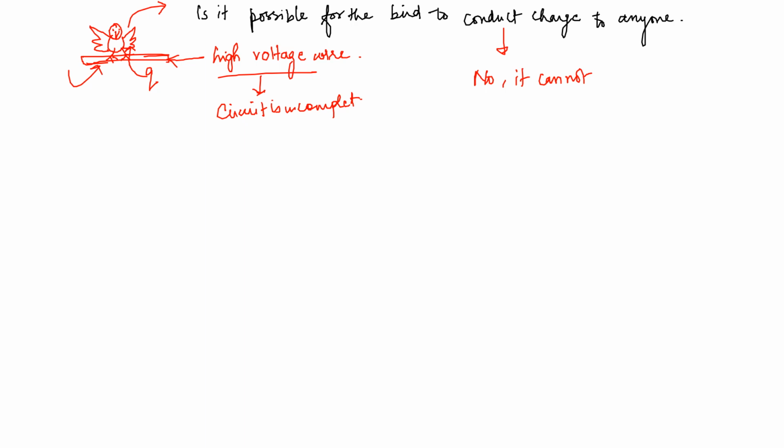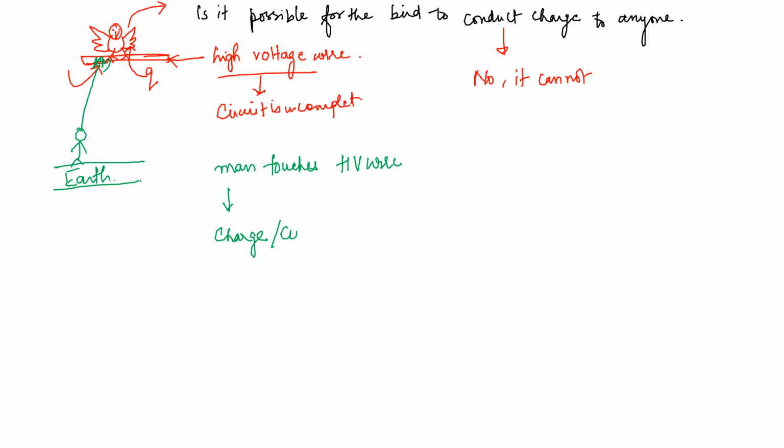But now we want to see the case of a man. This man is standing over here and touches this wire. Can a man fly? No, he cannot. So he will be standing on earth. As soon as the man touches the high voltage wire, charge or current from the wire comes to the man.